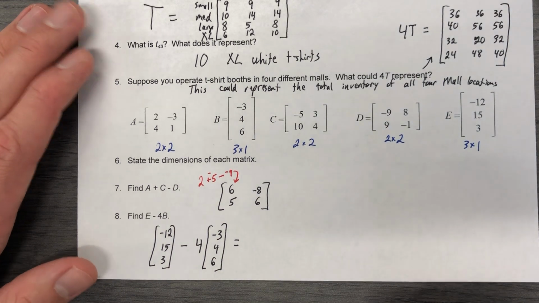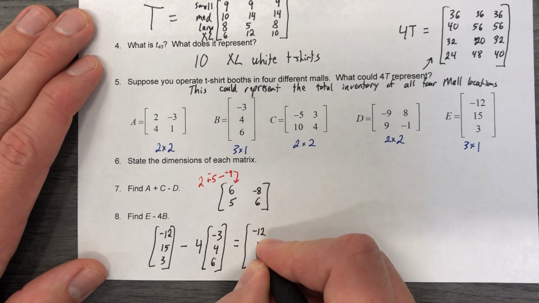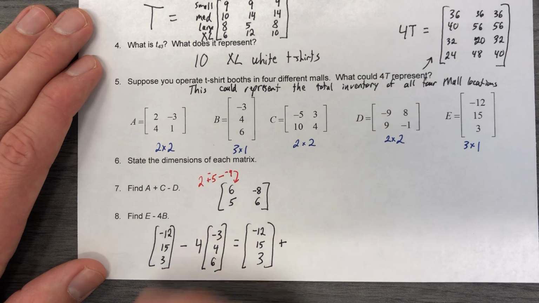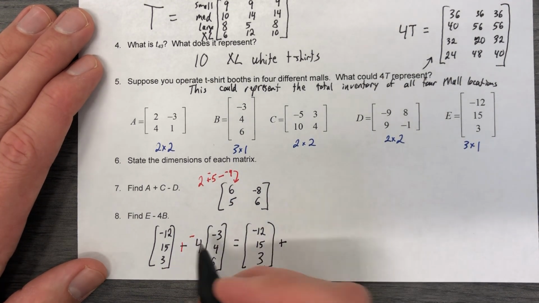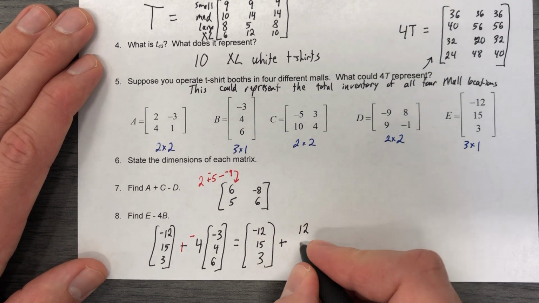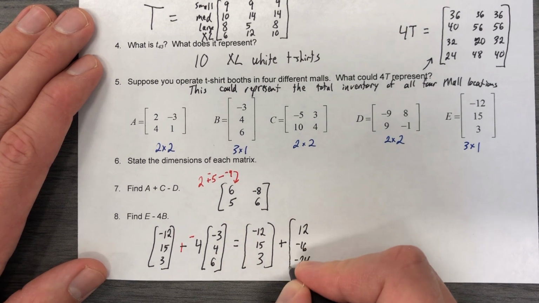And then, if I wanted to stretch this out one more step, I could go negative 12, 15, 3. And I'm going to call it plus. And I want to change this, and you don't have to do it. This is kind of middle schoolish, but we will. So negative 4 times that is going to give me 12. Negative 4 times that is going to give me negative 16. Negative 4 times that is going to give me negative 24.